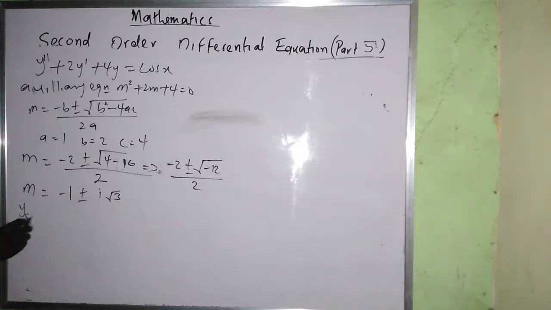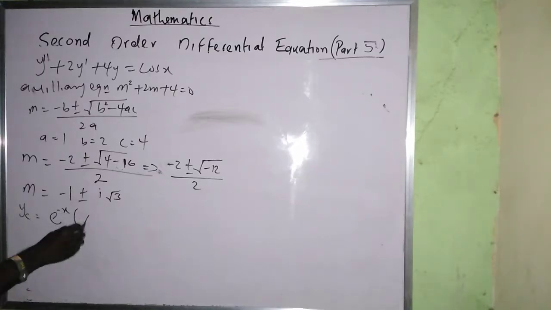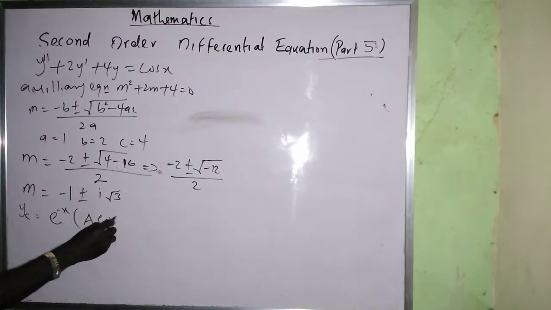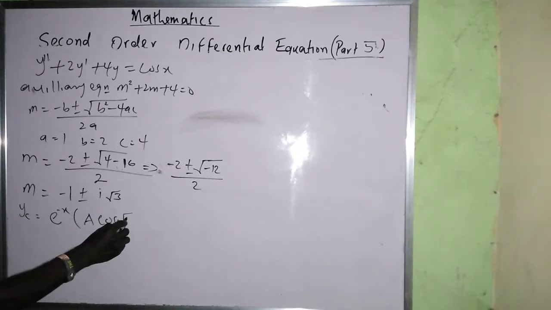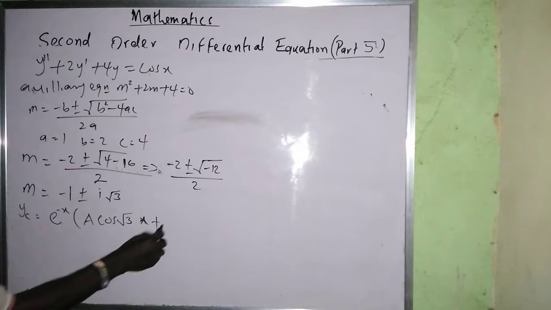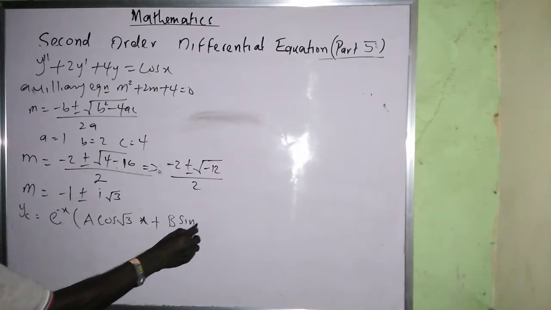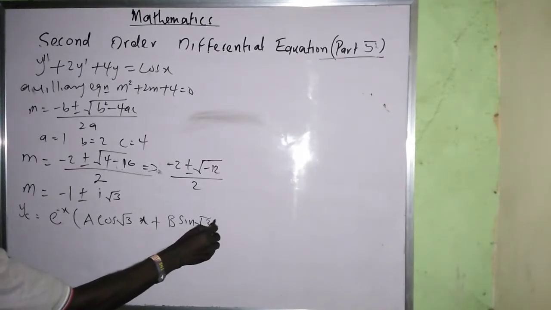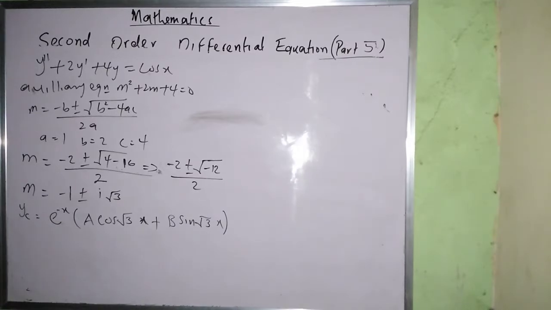Now, my y complement will be equal to e to the minus x, bracket of, we have done this one in our previous video, complex, and also b of sine root 3x. Now, since I have this, let my y particular be equal to what am I having here?